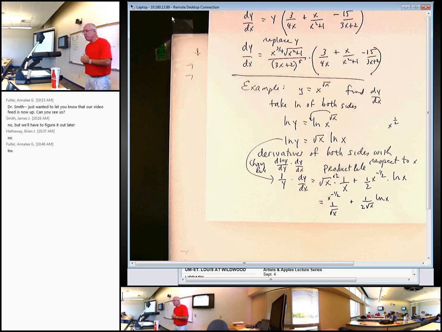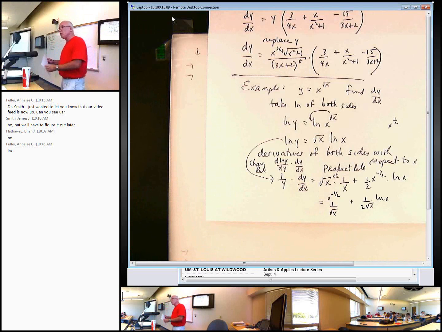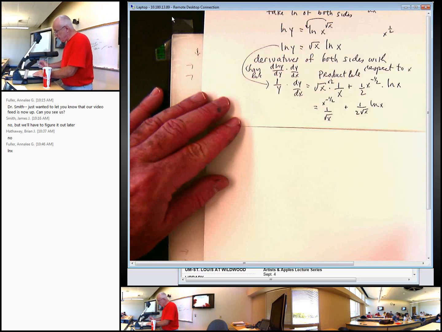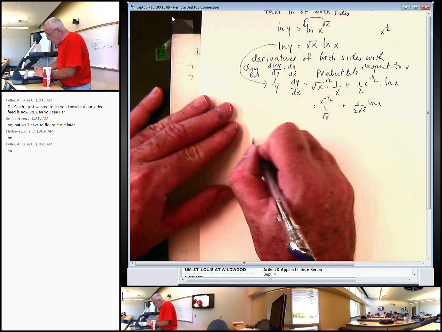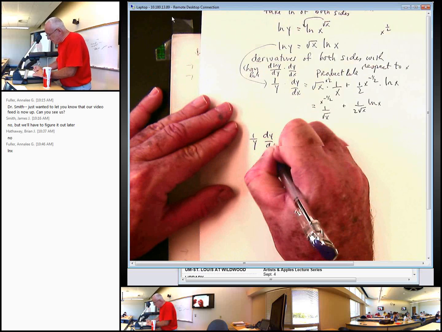All right, so we've used the product rule. Are we okay with the product rule on the right side? So let's do the final step. Let me just rewrite what we have. We have 1 over y dy dx on the left side.